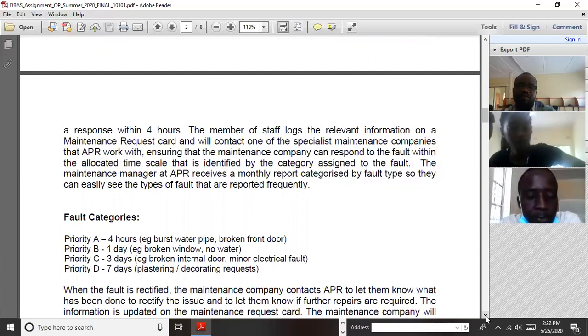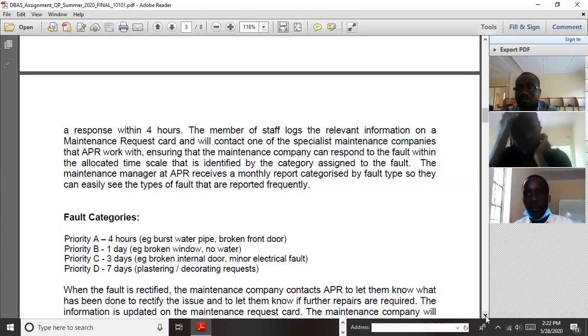So you may have some faults with the houses, they need to be maintained, so such faults need to be reported, isn't it? So if there's a database, it will be very easy. So this database, when it is being designed, is going to look at these four categories, which are categorized in priority A.